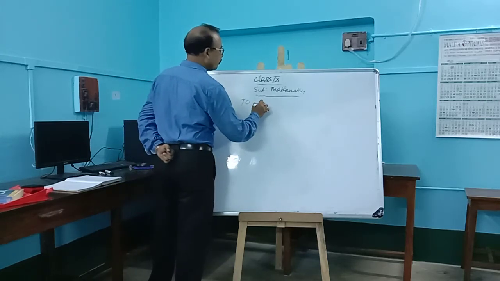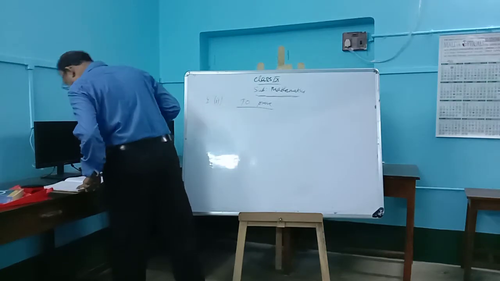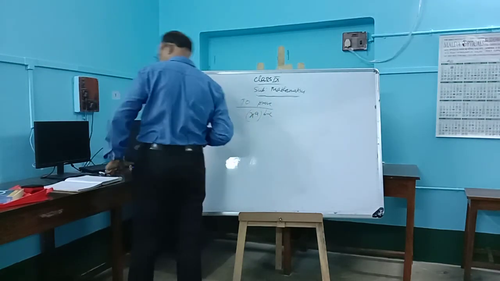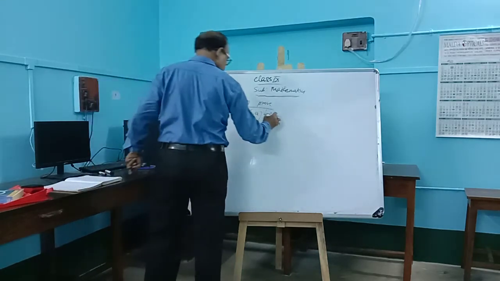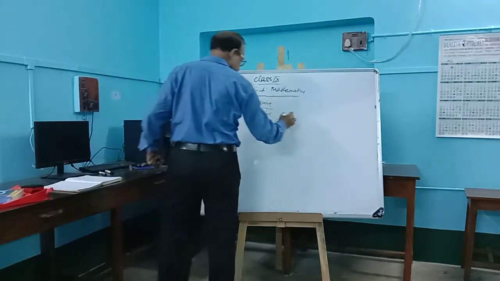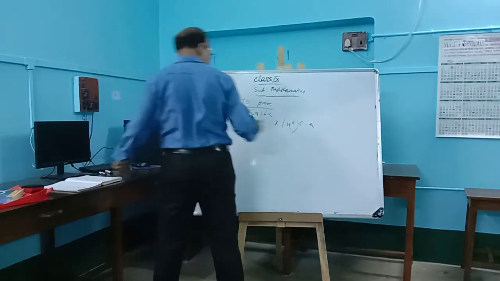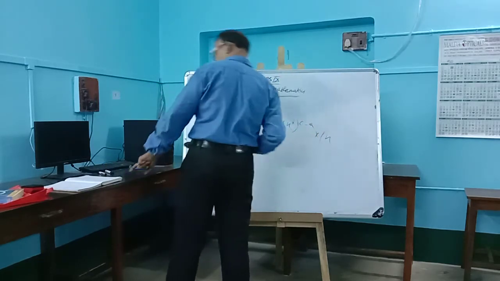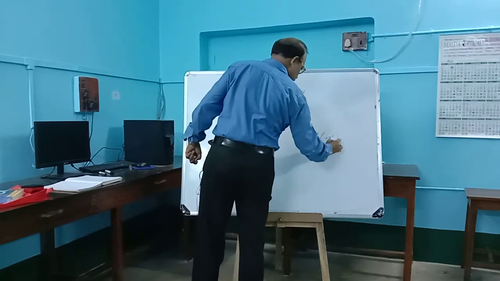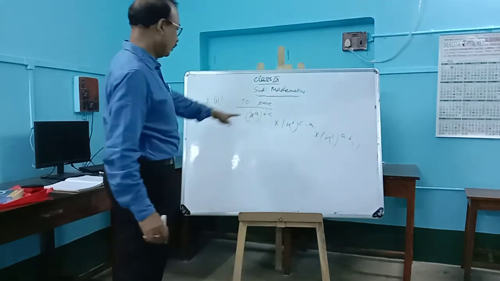To prove x to the power (a to the power b minus c) into x to the power (b to the power c minus a) into x to the power (c to the power a minus b) equal to 1. This is going to show 1.